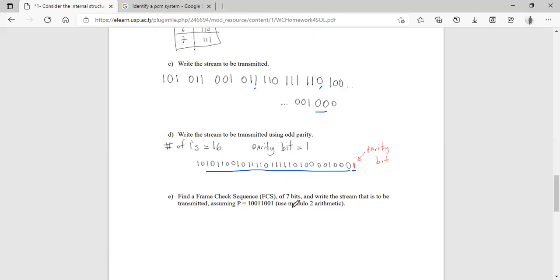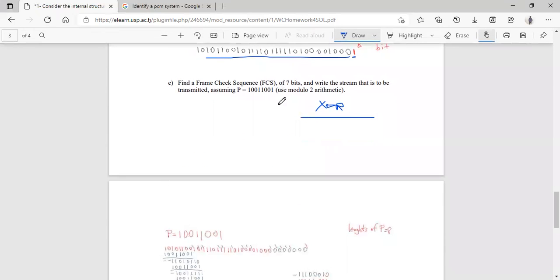It says that we'll need to use the operation of modulo 2 arithmetic. When we mean modulo 2 arithmetic, basically we are using an XOR operation.